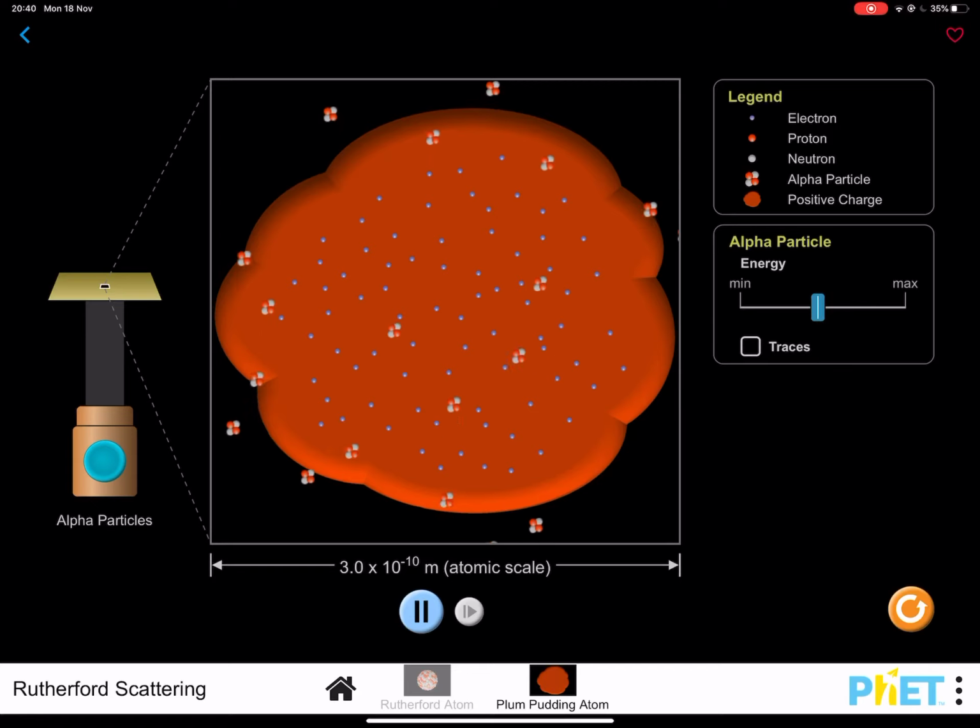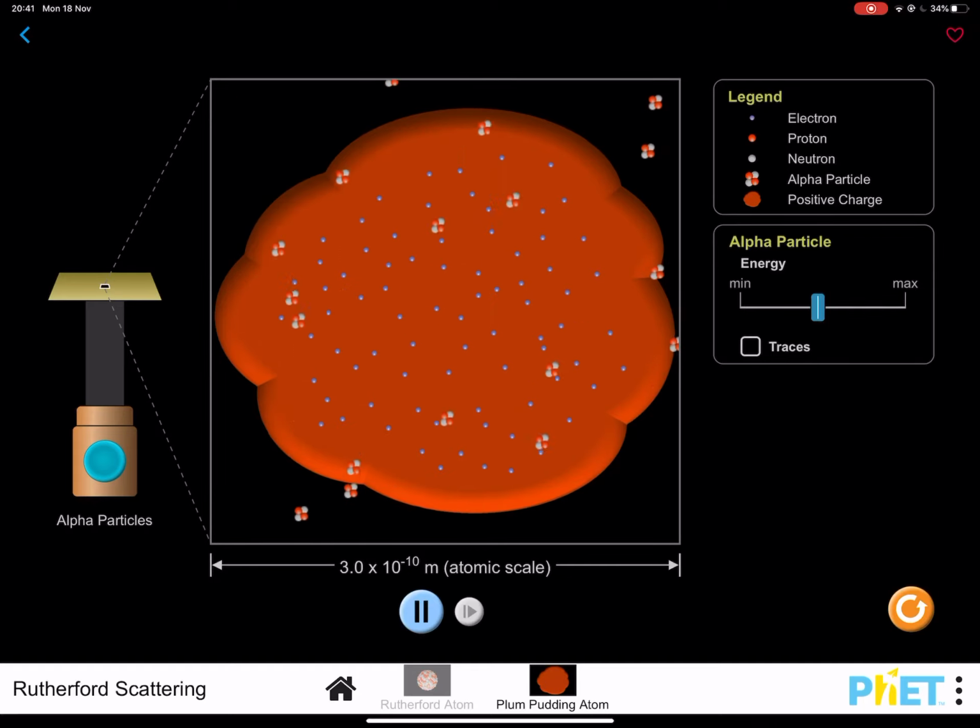So here you can see those small alpha particles fired at the gold leaf, and if the gold leaf atoms were like this, a positive sphere with negative charges dotted around, the alpha particles should take this trajectory. As you can see, there are no deflections. They pass straight through.